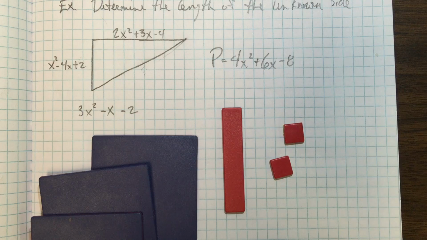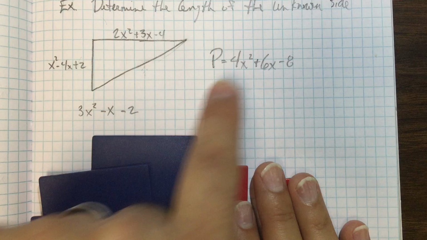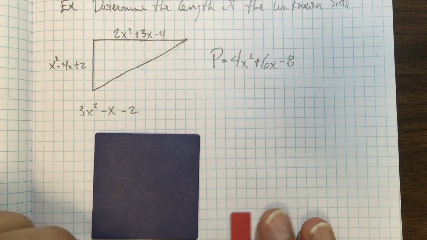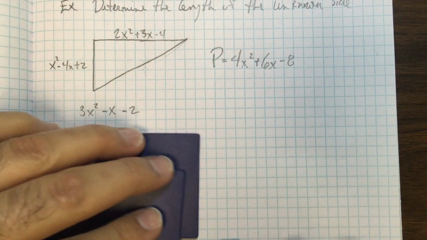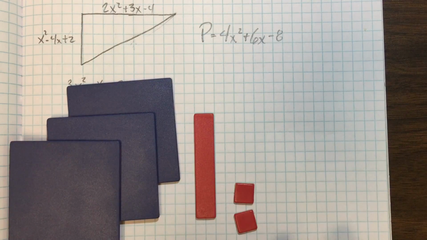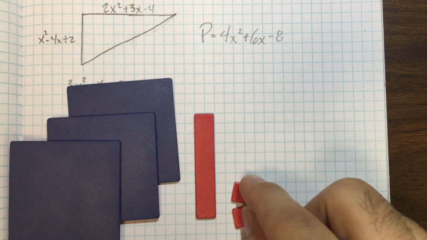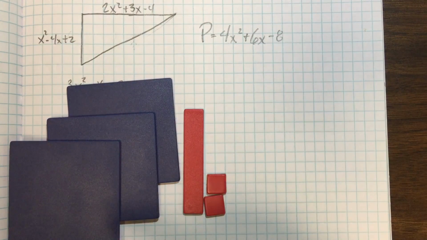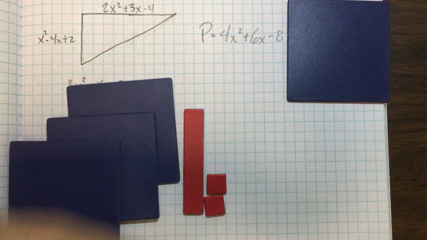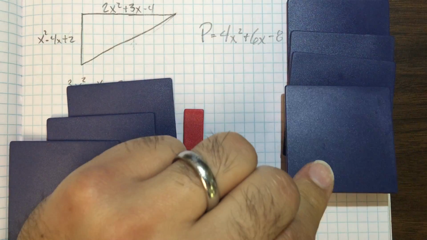And now what I can do is subtract. What I need to do is subtract these two pieces. So first off, we'll keep the 3x squared right here, minus x minus 2, and let me put the 4x squared plus 6x minus 4 here on the paper. So I'm going to do this to conserve space. So I'm going to do x squared, 2x squared, 3x squared, 4x squared.